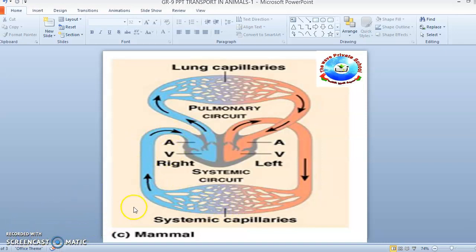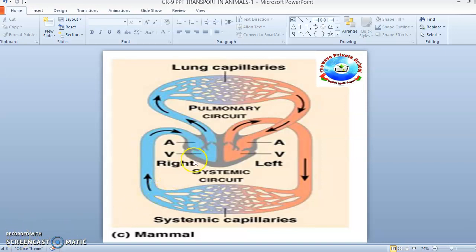Let us see the definition of the double circulatory system. Double circulatory system means that the blood passes through the heart twice on one complete circuit of the body.